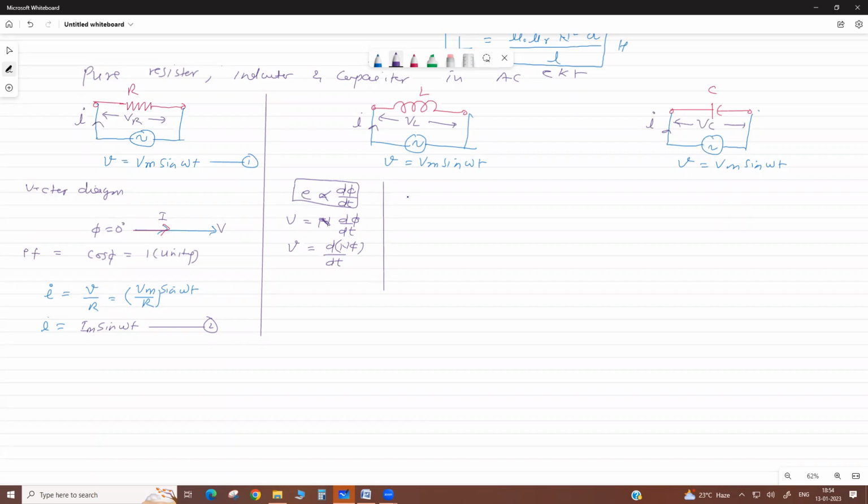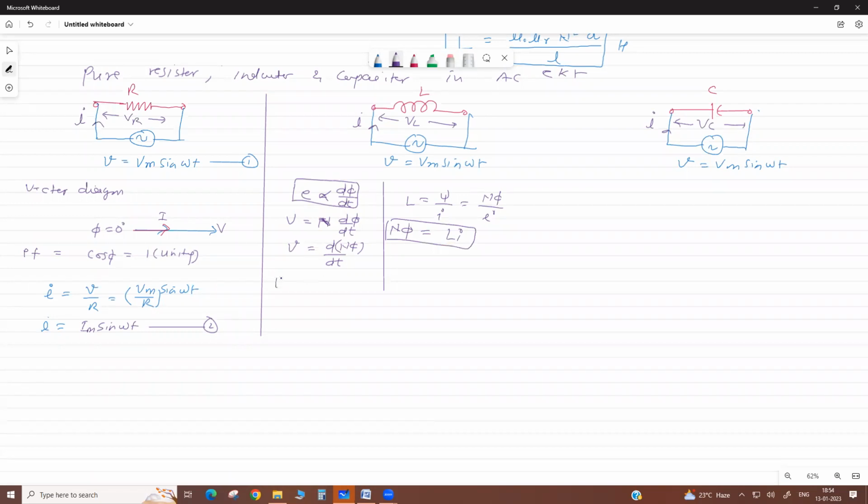Now by the definition of inductor, L equals psi by I, meaning N phi by I, as we have written initially. Therefore the total flux linkage N phi is Li.